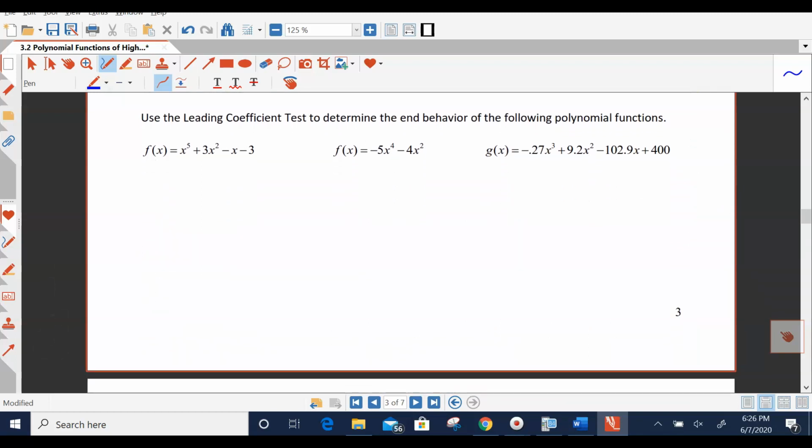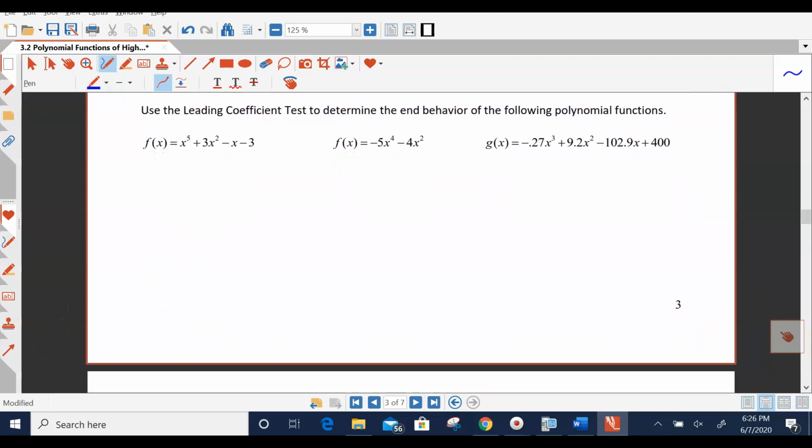Let's use the leading coefficient test. So first thing we're going to do is make sure our polynomial is in descending powers. 5th, 2nd, 1st, yes. 4th and 2nd, yes. 3, 2, 1, yes. They're all in descending powers. So I'm going to next look at my leading coefficient.